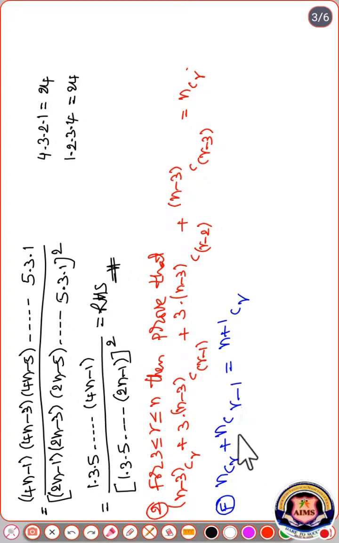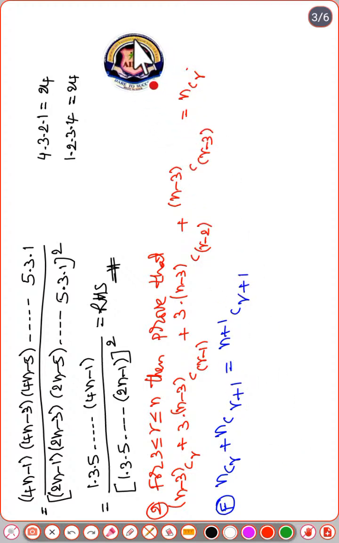Otherwise, you can take nCr plus nCr plus 1 is equal to n plus 1 Cr plus 1. Anyone as you wish. Okay.